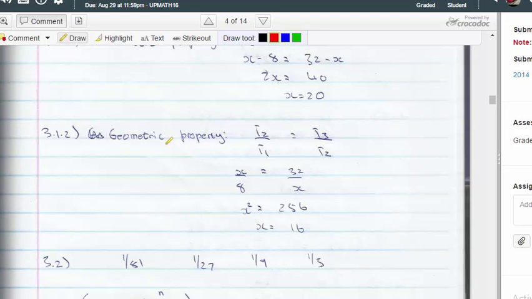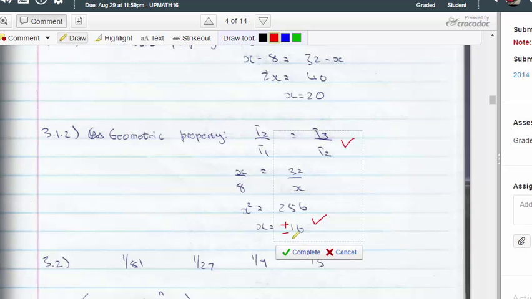Then for the geometric property, he does the following, and this is correct, but he only gets 2 marks, and it's worth 3 marks. He gets x squared is equal to 256, but it should be plus or minus.